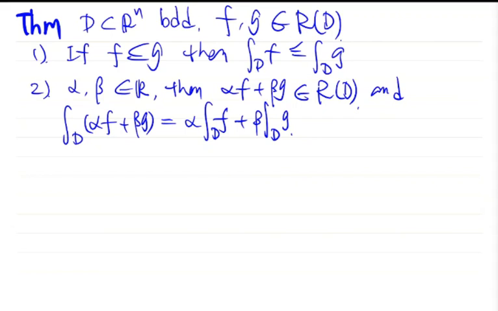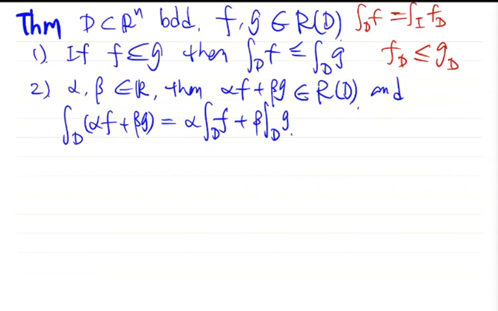Okay. So the first result is very easy because the zero extension of F outside D is also not greater than the corresponding zero extension of G. Therefore, the integral of F over D is precisely the integral of the zero extension over a rectangle.